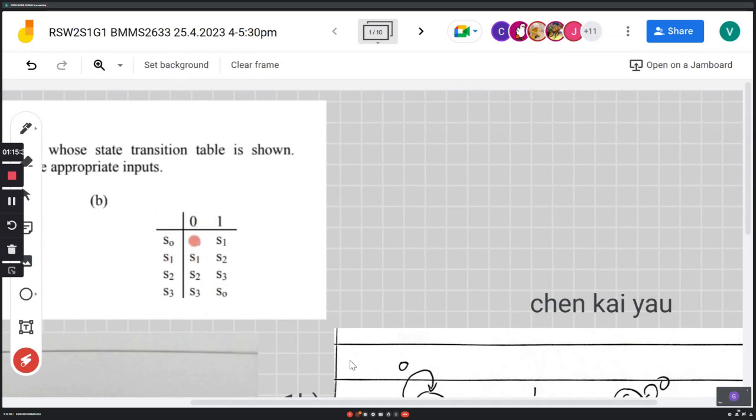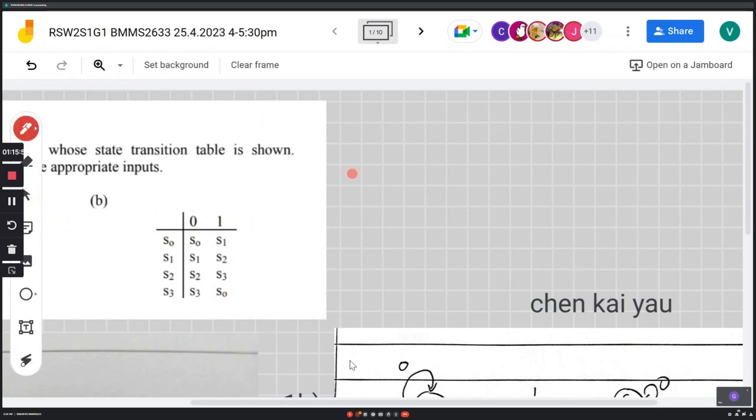Meaning, if I go here, then my string will be all 0. And if I come here, then my string will be 1, 1, 1, 1. So at least I have four 1s to come to S0 again. That is the question asked just now.